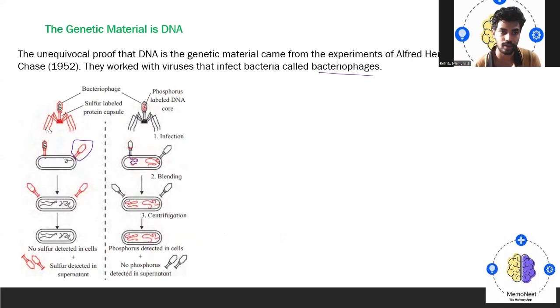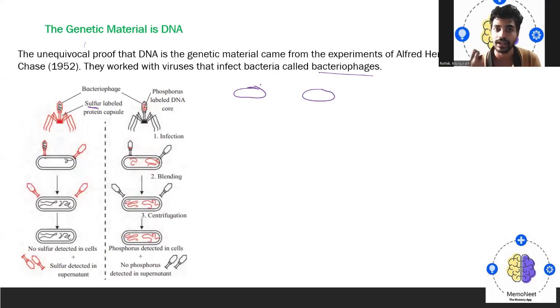In the experiment, they grew some of the viruses on a medium containing radioactive phosphorus, and others on another medium containing radioactive sulfur. They took two media.